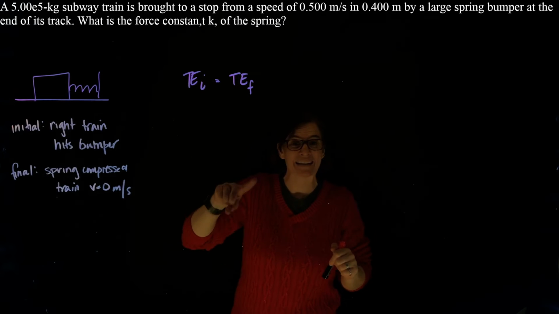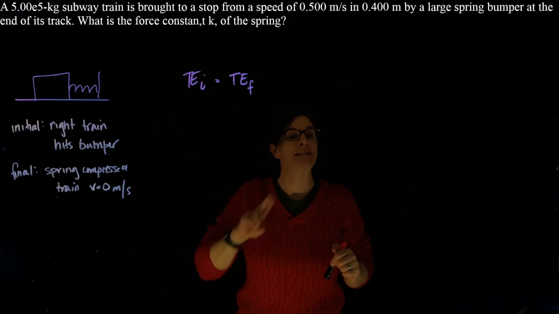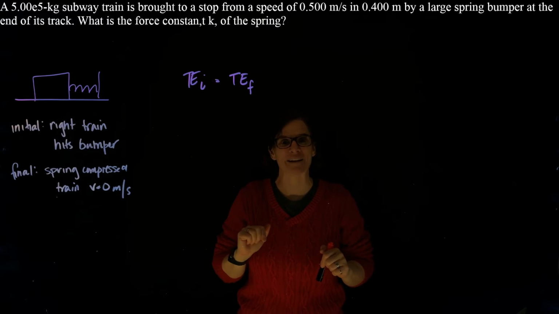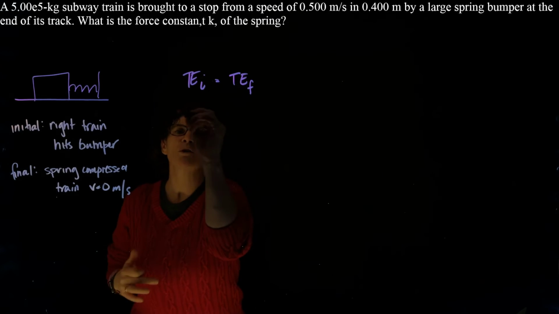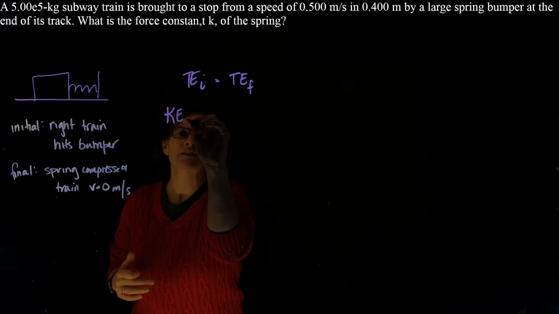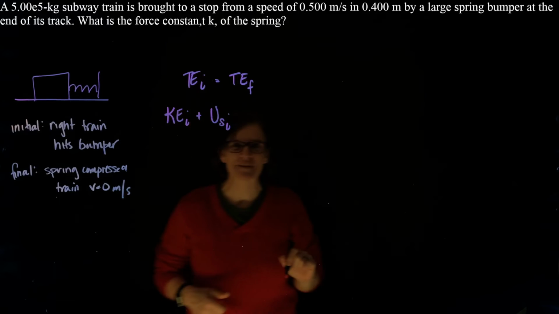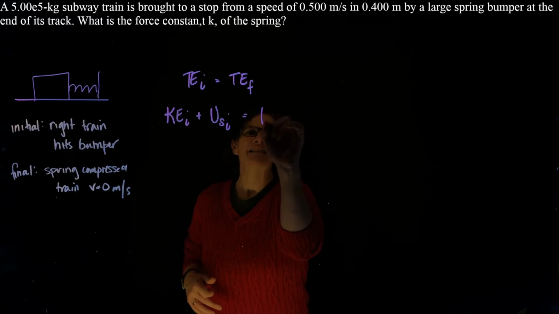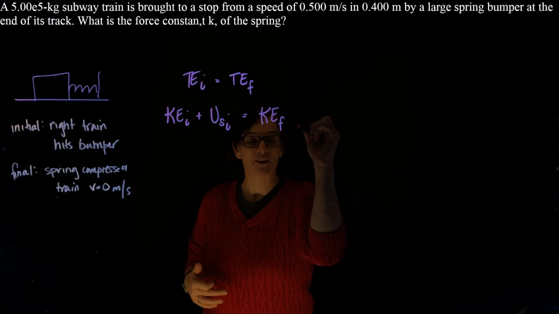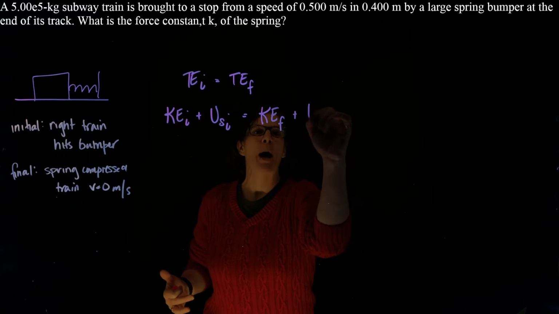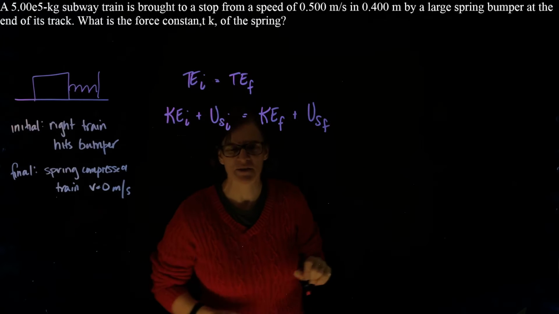So we're left with kinetic and potential energy due to that spring. And so the total initial is going to be the initial kinetic energy plus the initial spring potential energy, and that has to equal our total final, which is the final kinetic plus the final spring.